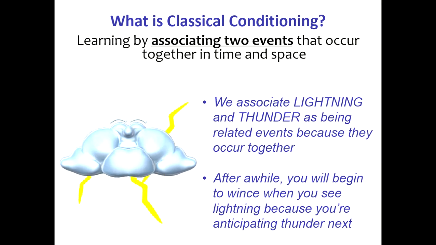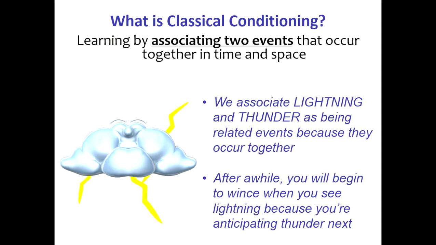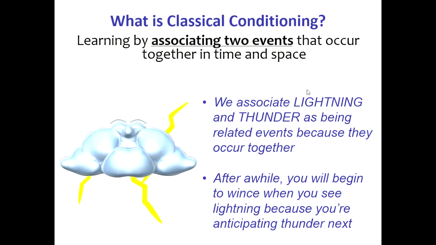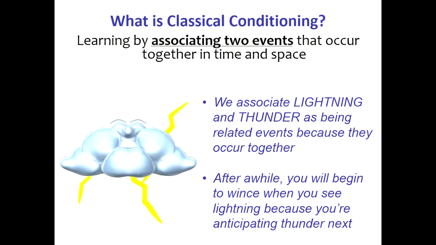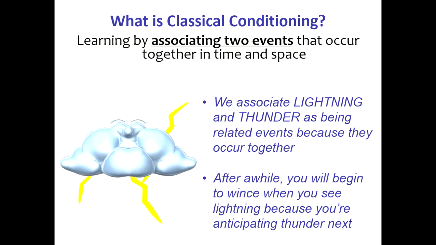And in classical conditioning, we're going to look at the way that this type of learning was discovered accidentally. What is classical conditioning? Essentially, it's learning by associating two events that occur together in time and space. The example given here is that lightning and thunder are events that occur very close together.